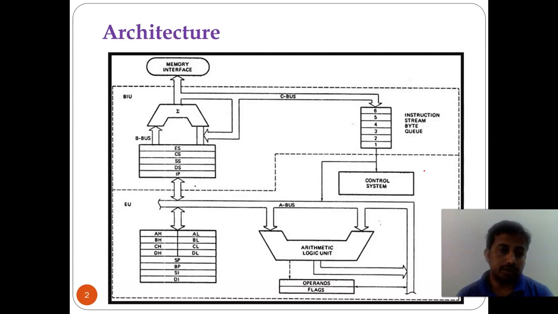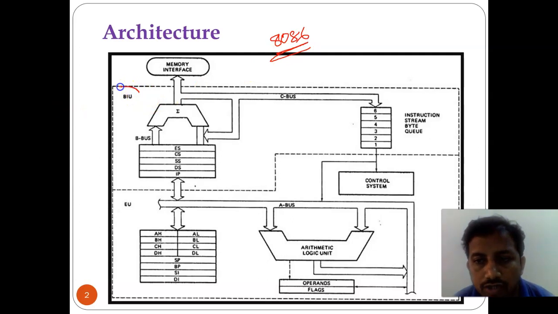Coming to the architecture, on the screen you can see the complete architecture of the 8086 microprocessor. In this architecture, you have two main functional units. Number one is the bus interface unit, the other one is the execution unit.